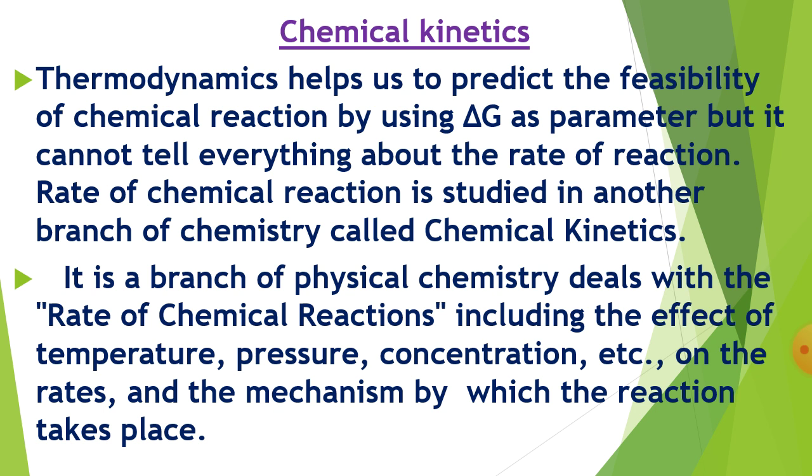In this way, we find the value of delta G. If delta G is negative, the reaction is spontaneous. If it is positive, the reaction is non-spontaneous. And if delta G is 0, in that condition there is an equilibrium. So now we have to define what is chemical kinetics.